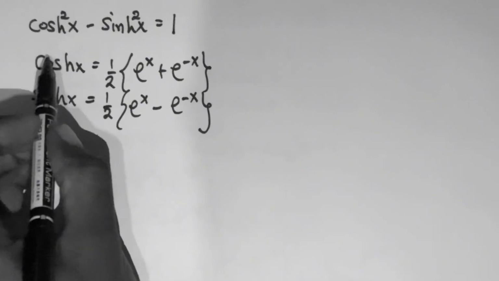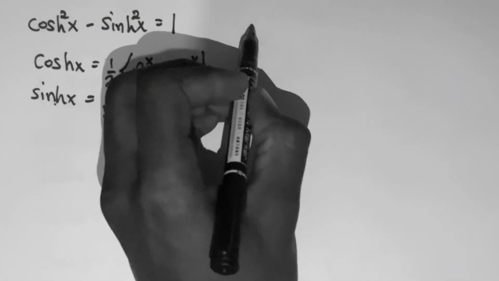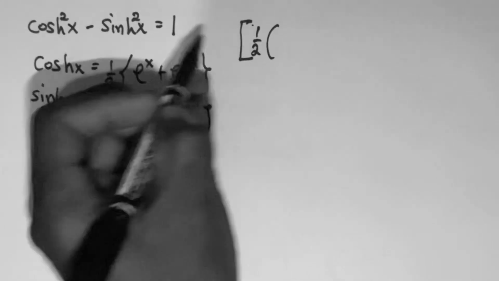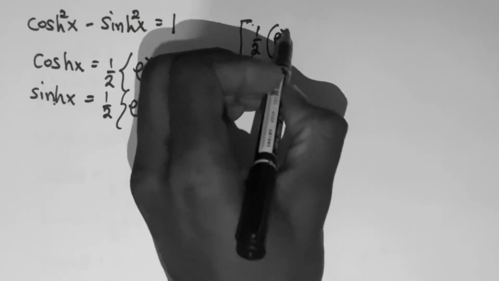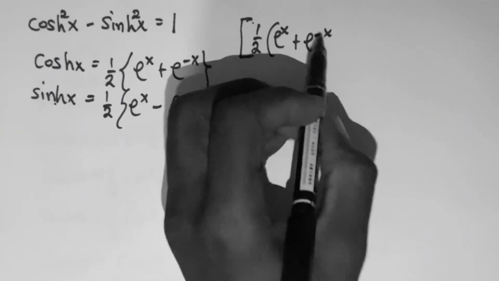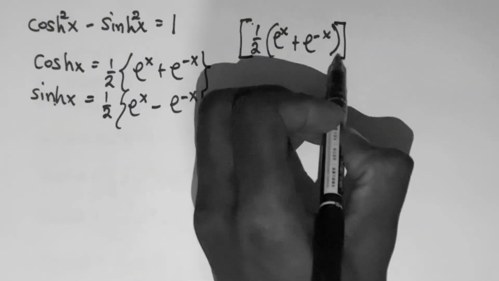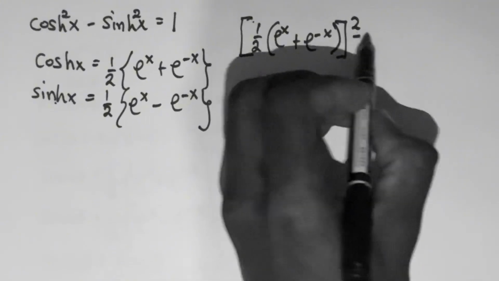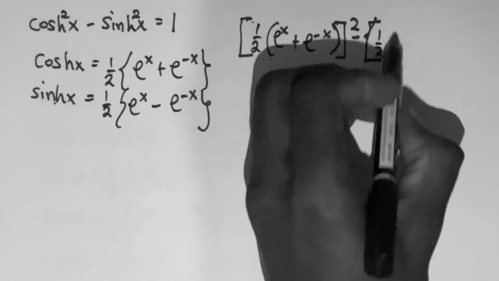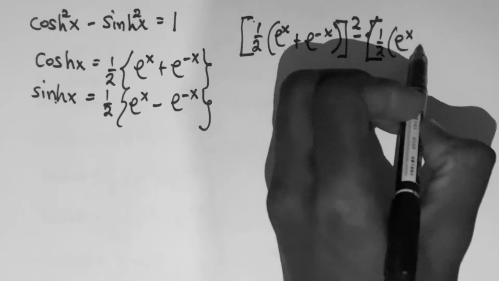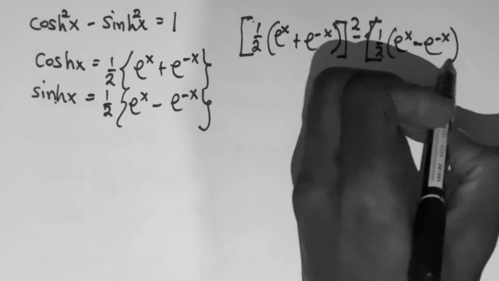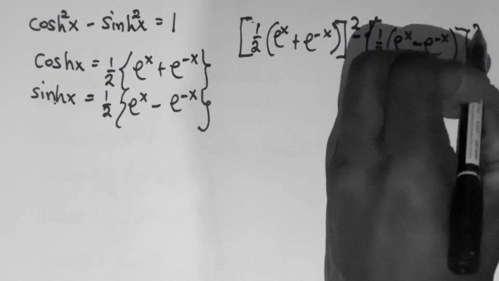If we insert it into this equation, we will get the bracket half times e^x plus e^(-x), bracket close, all squared, minus the bracket half times e^x minus e^(-x), bracket close, all squared.